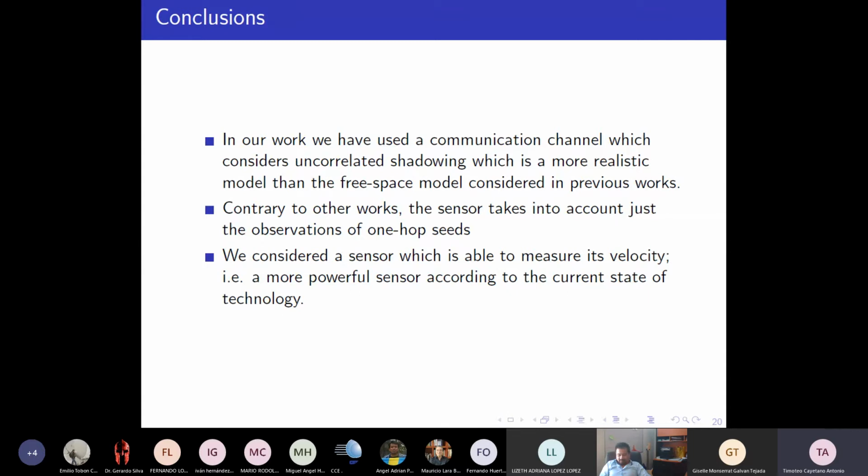We also consider a more powerful sensor, I mean, a sensor that can measure the velocity, and we think that it fits better with the current state of technology.